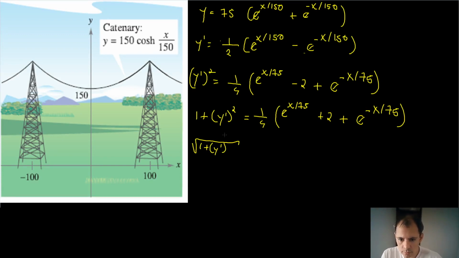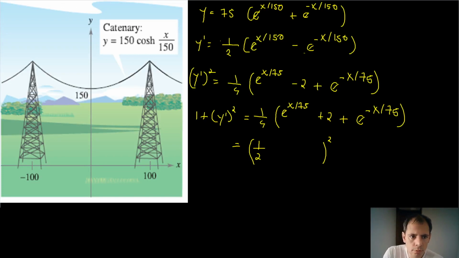But you know what? There's something else that I want to do first. This is like this, right? Well, this also equals, I'm going to put a square here. Let me just think.